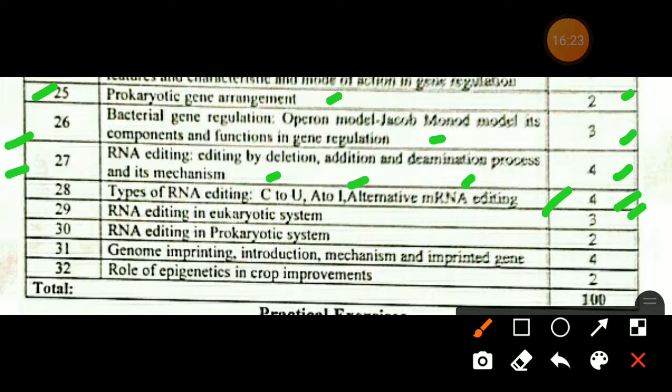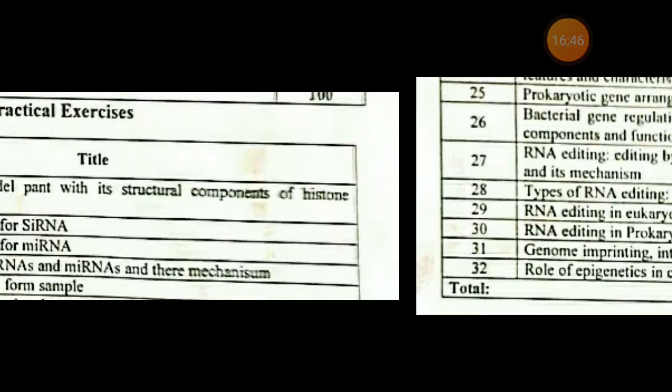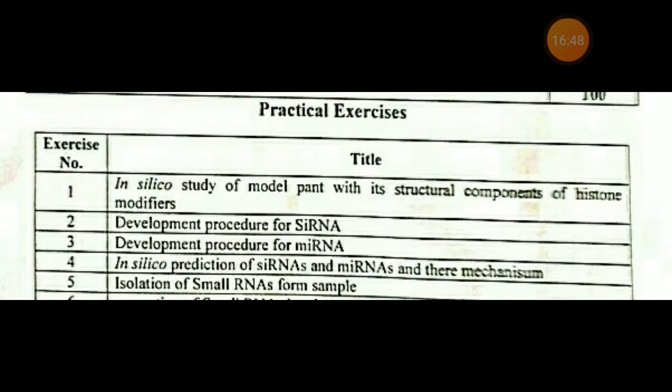Then the 29th lecture is RNA editing in eukaryotic system, 30 RNA editing in prokaryotic system, 31 genome imprinting: introduction, mechanism and imprinted genes, 32 role of epigenetics in crop improvement. This is the end of theory classes.